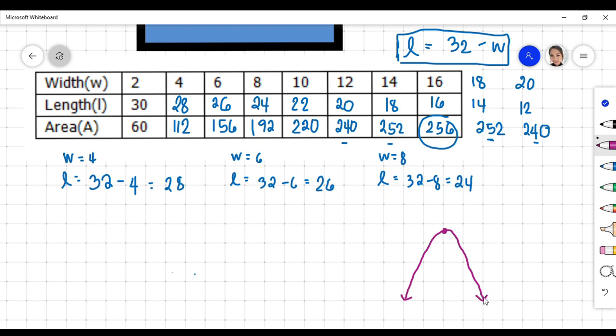So that's a parabola facing downwards. So our maximum area here is 256 meter squared. With the dimensions, our length is 16 meters, while our width is 16 meters also, and it produces the maximum area of 256 meter squared.